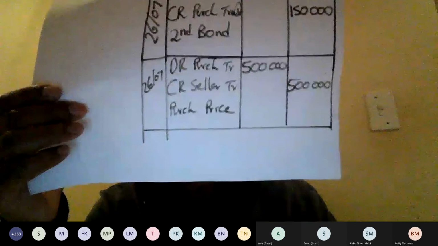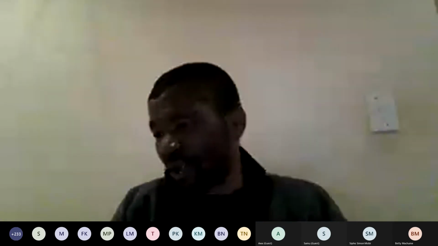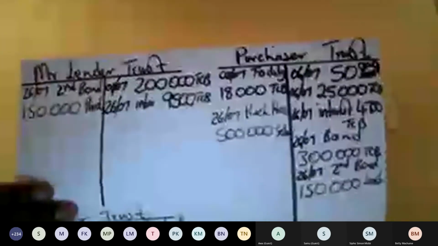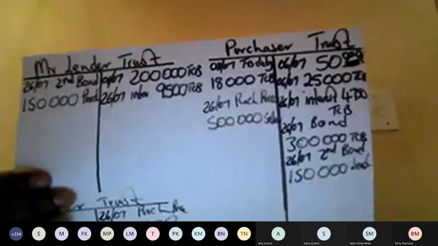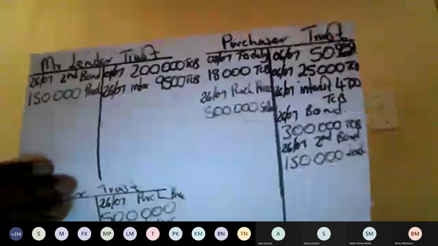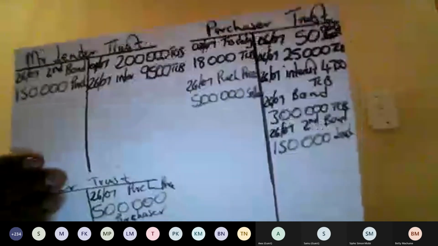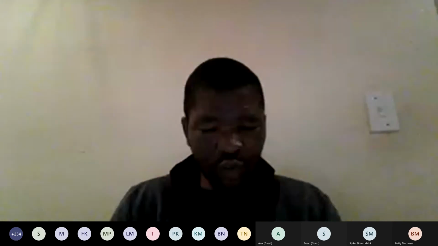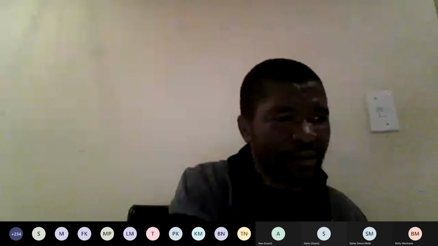After you have done it like this and recorded it in your ledgers, you will see here on the purchaser's trust ledger account we have debited that 500,000 rand. Then we need to open a ledger account for the seller. We didn't have one.